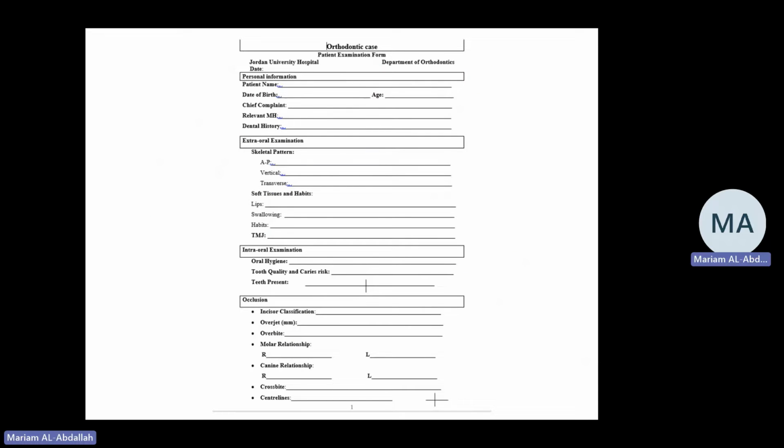So I just want to show you the examination form that we will be using later on in 5th year clinics and sessions. And as you can see, this is the information related to the history taking and interview, extraoral examination, intraoral examination, and occlusion. This is the first page, so you write down everything. So even if the patient has class 1, I write down class 1. Even if it's normal, I write it down.